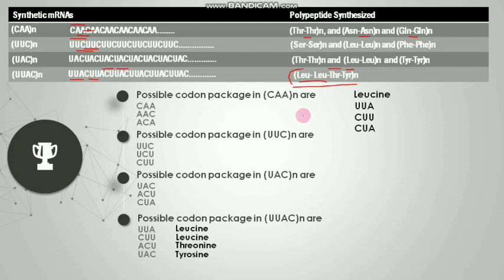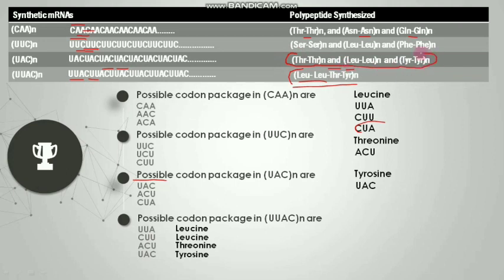One more is the CUA. We can see how it comes. And the threonine will be having ACU, and the tyrosine will be having UAC. How did this CUA come? We can see here in this third polypeptide, threonine, tyrosine, and leucine are there.